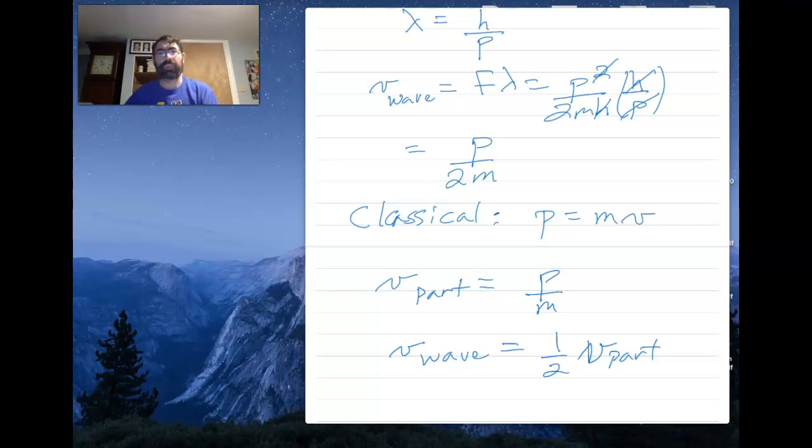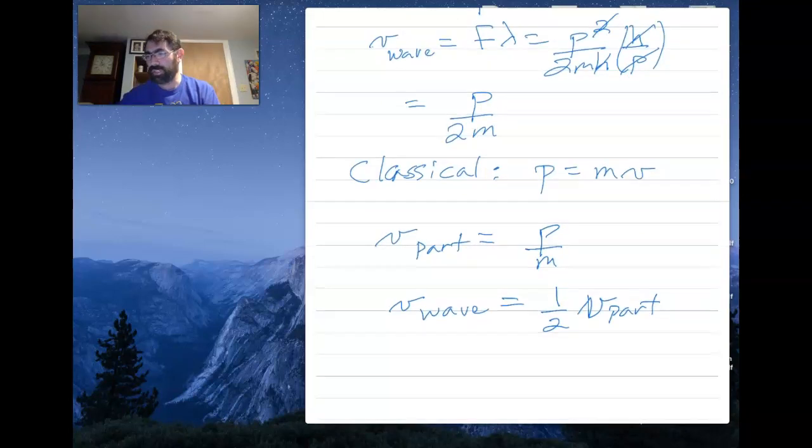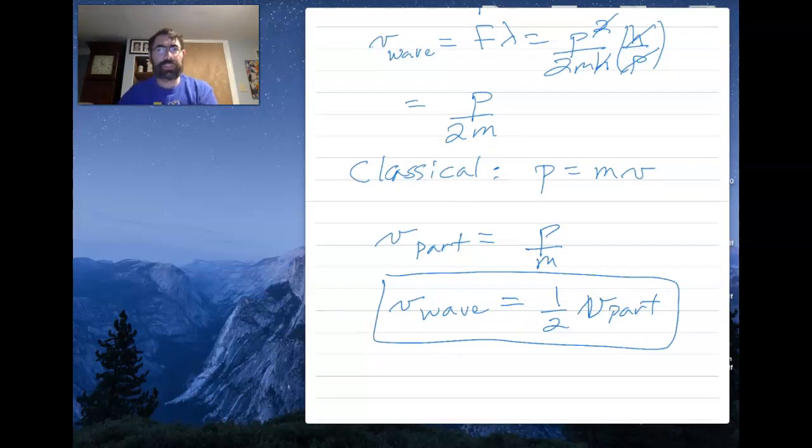We have to take into account that all of those waves are individual. So this equation here is if we just assumed a single wave moving around the room. But that's not what it is. Our wave packet is hundreds, thousands of waves added together to give us a nice, concise packet shape.